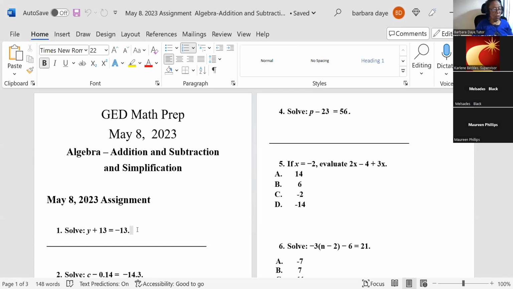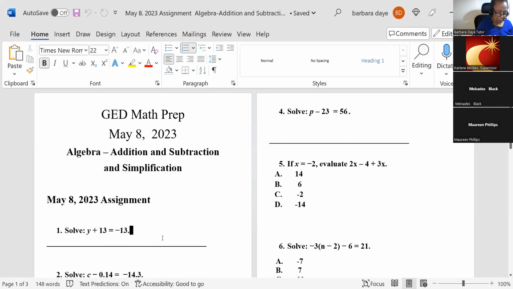So what is your inverse operation, Mercedes? Turn the plus into subtract. What is your inverse operation? Changing the sign. No, you're adding, right? Y plus 13. What's the inverse operation of addition? Subtraction.